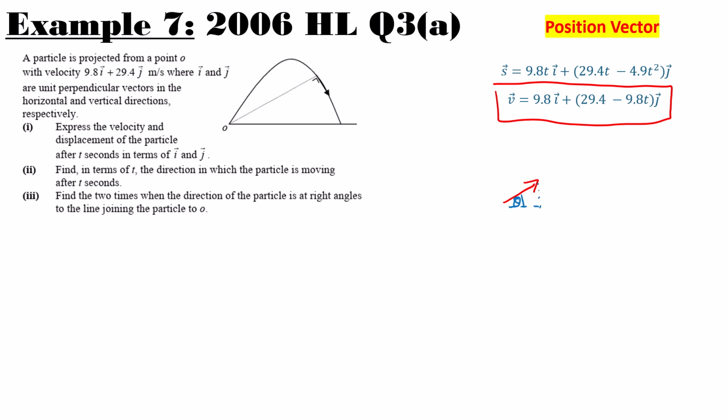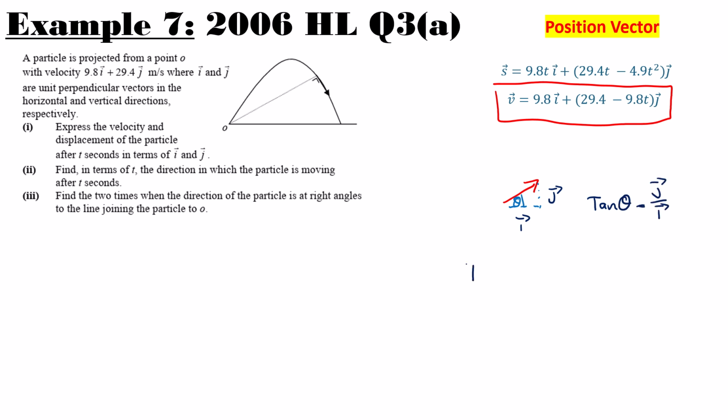So for example, what is our angle? For our velocity vector, there's my j, there's my i, so the tan of the angle is equal to the j over the i.